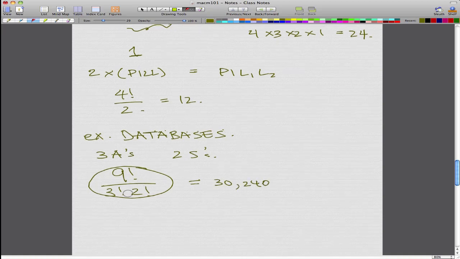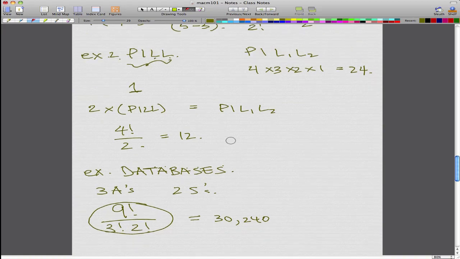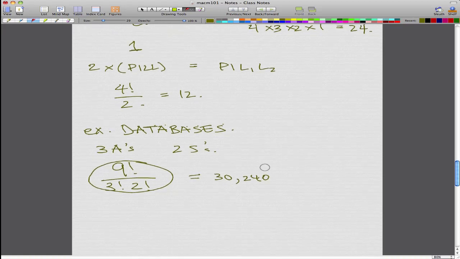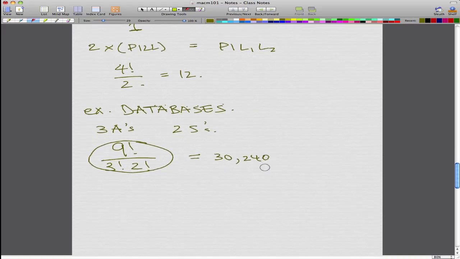I know that you're swearing at me right now for going through that long way of doing things, but I just showed you a shorter way, so I guess I could gather some pity here. So that's the easiest way to do things. You just count the letters that are the same, and you count the total letters, and you take the total letters and divide it by all the letters that are the same.